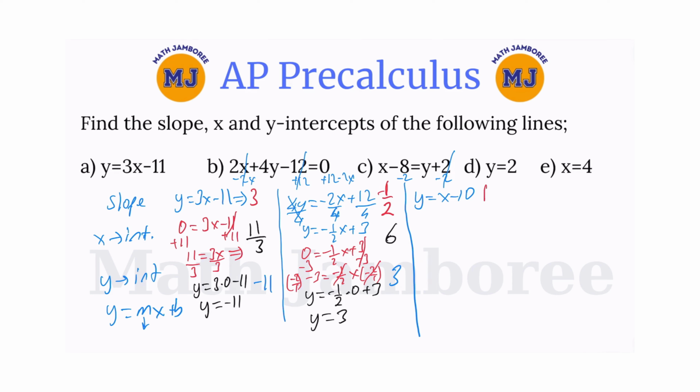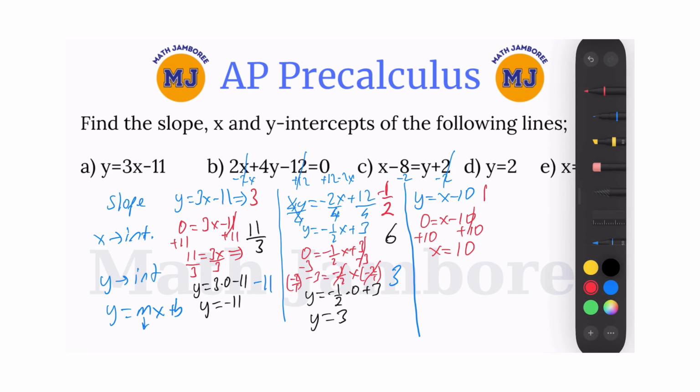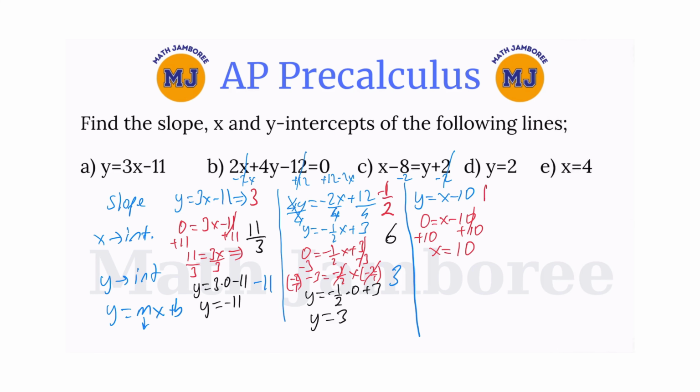And to find the x-intercept, we're going to give 0 to y and add 10 to both sides. So x will be equal to positive 10. So our x-intercept is positive 10. To find the y-intercept, we'll give 0 now to x.